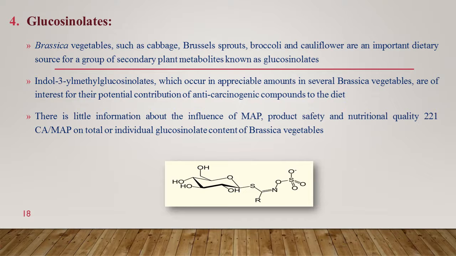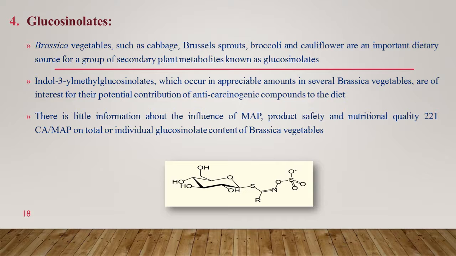Here, indole 3-methylglucosinolates, which occur in appreciable amounts in several brassica vegetables, are of interest for their potential contribution of anti-carcinogenic compounds to the diet. Processes such as chopping, cooking, and freezing influence the extent of hydrolysis of glucosinolates and the composition of final products.